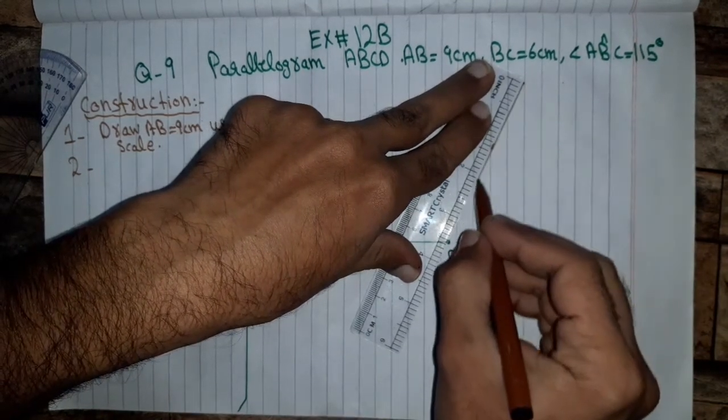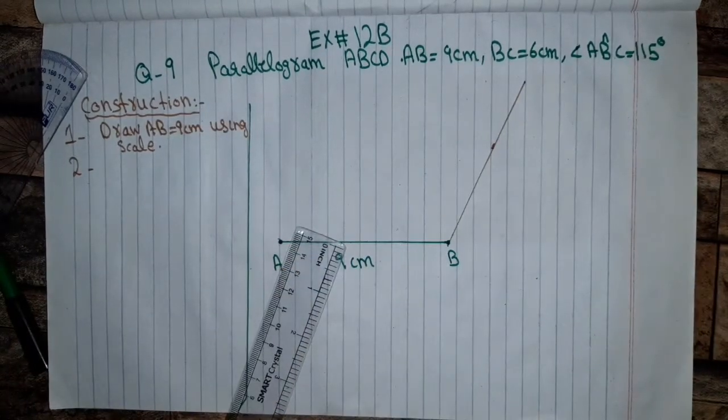So we'll draw this line. This is angle 115 degree.